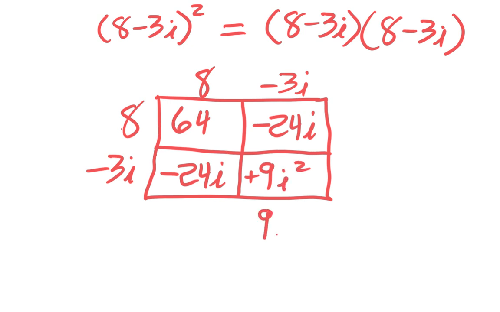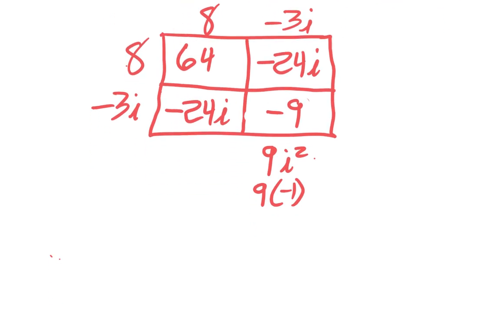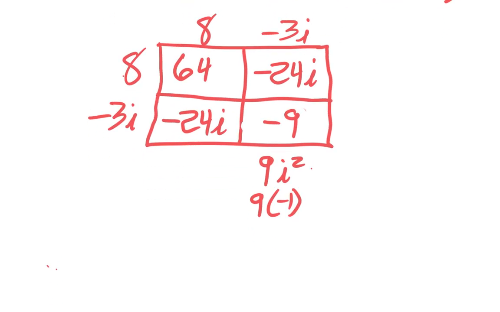Now, let's write that down here. 9i squared. I know that i squared is negative 1, so negative 1 times 9, that actually is negative 9. So let's replace this here with a negative 9. All right. Scroll up a little bit. I'm going to add up all 4 of my boxes. So I have 64 minus 24i minus 24i minus 9.